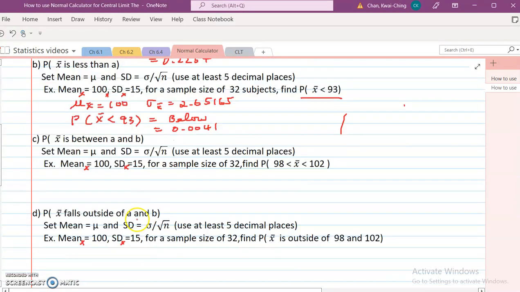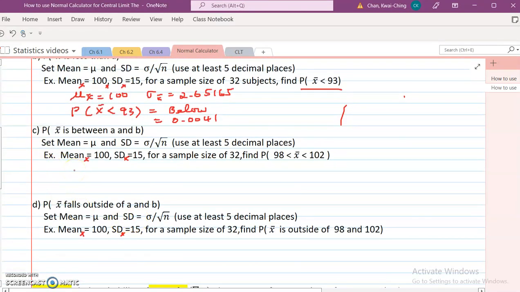And then the last two would be in between 98 and 102, and outside 98 and 102. So we would remember to set x bar equal to 100, the mean, and sigma of x bar is 2.65165.